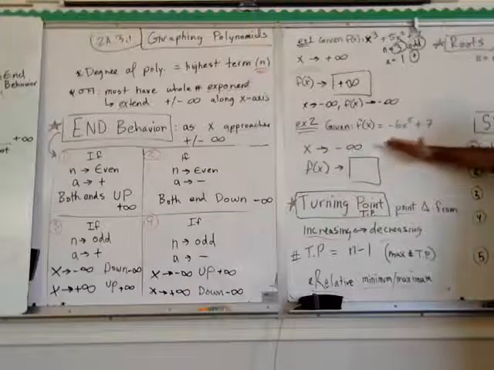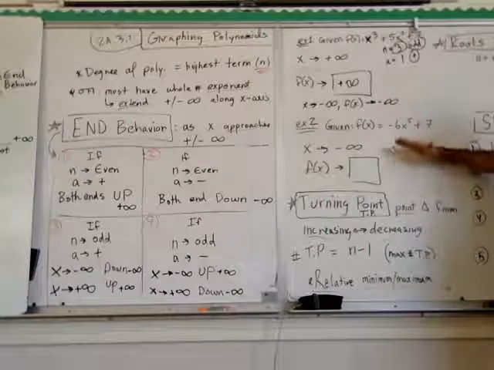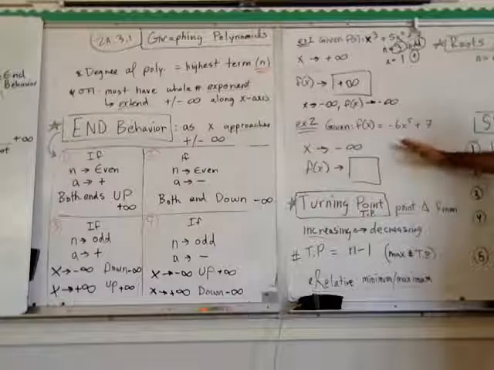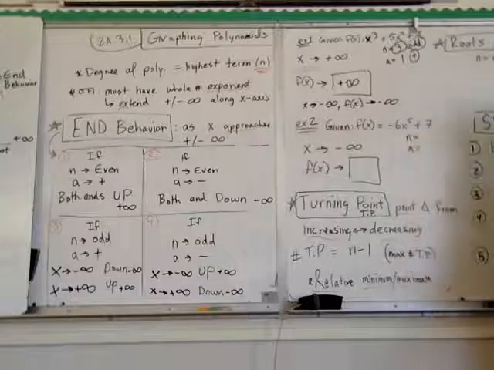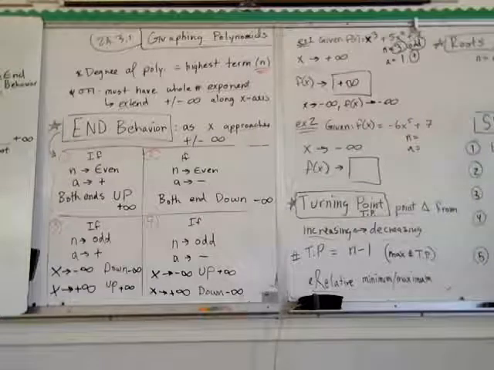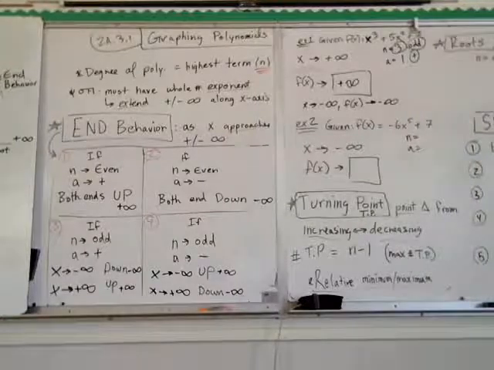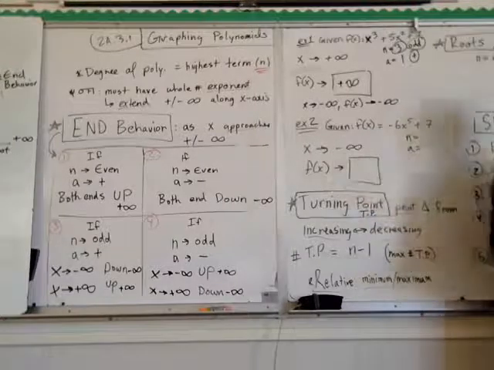I want you to go ahead and do this one on your own. I'll give you a minute to work on this. Check with your neighbor when you're done. Start out. What's your n value? What's your a value? Work that out. Go ahead and see if you can figure out what's happening as x approaches negative infinity this time.